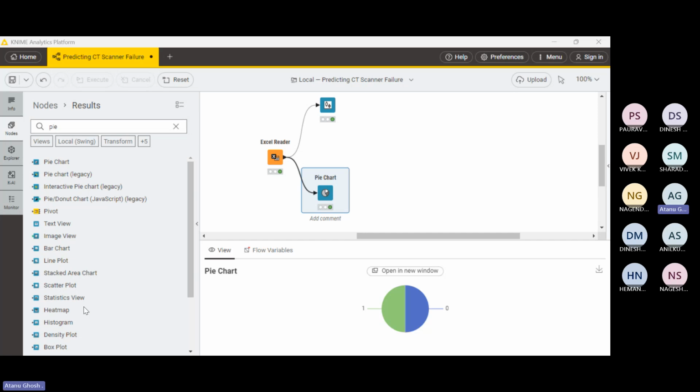So one option is that instead of 6 months, you collect the data for 2 years. Let's assume that in 6 months you have got 100 failure cases and 1,000 overall cases, 900 non-failure cases, just to make it more practical.